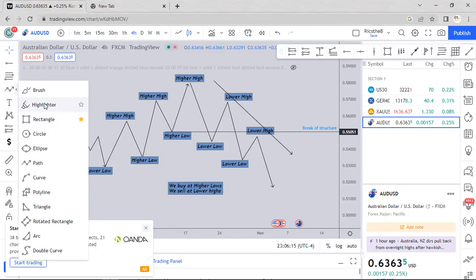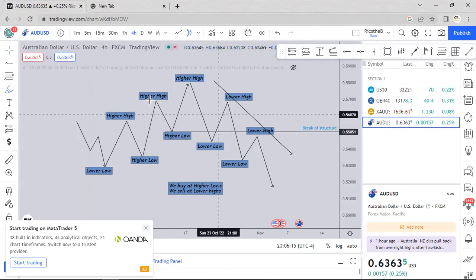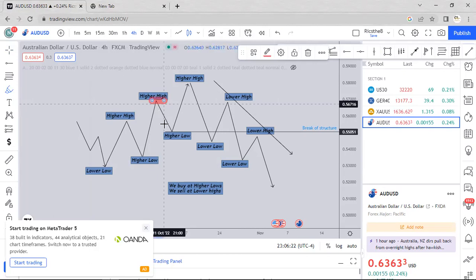Let me show you. You don't want to be buying on higher highs. Why? Because you buy at the highest price, then you experience a drawdown and you start panicking, you're confused, you want to close out your trade, and immediately you close it, you realize price goes in your favor.